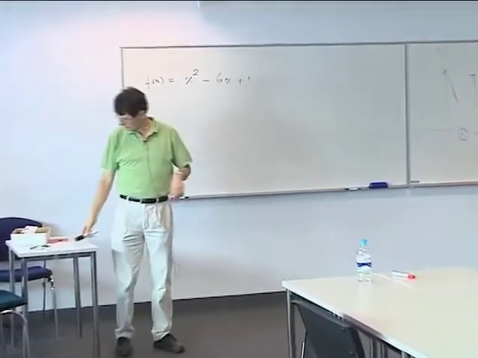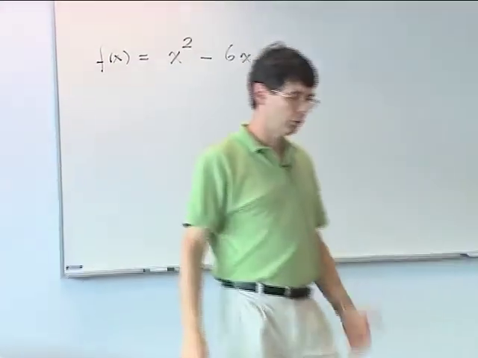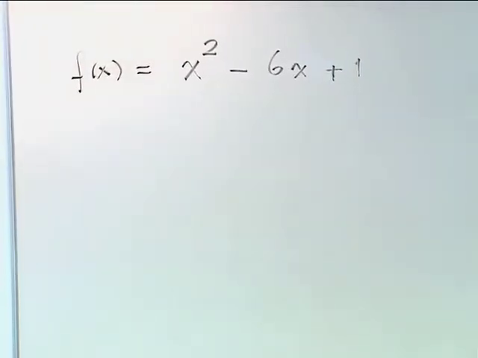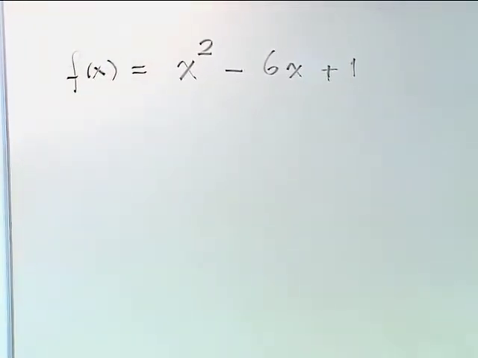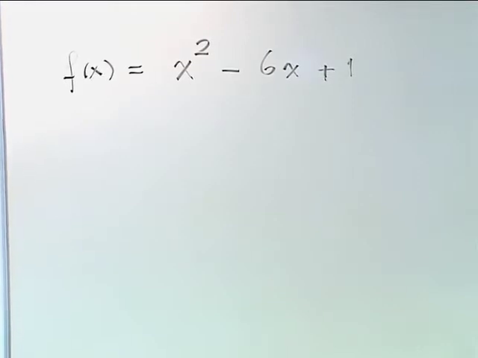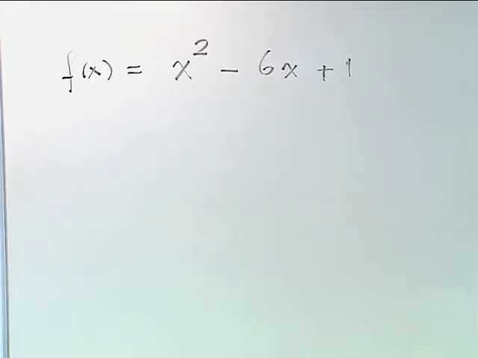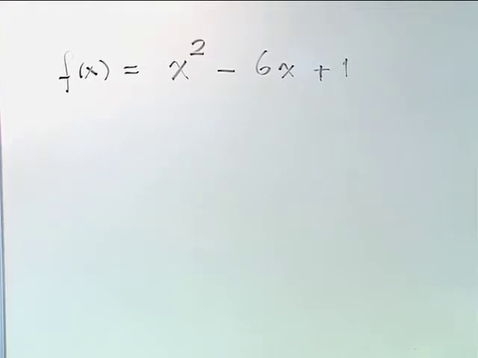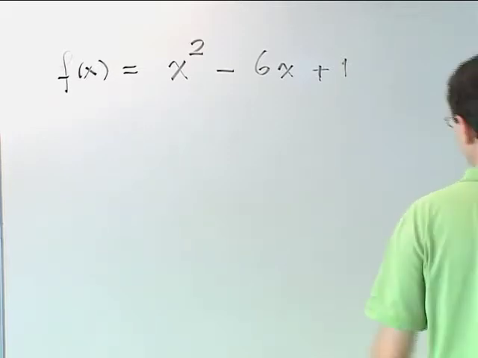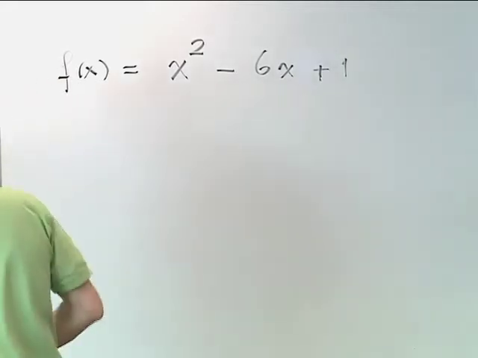Okay. And what I want to do is I want to find absolute and local max and min. So let's see. Here's what I do. I take a derivative of that.